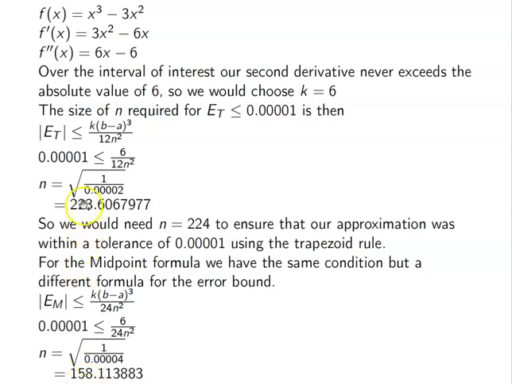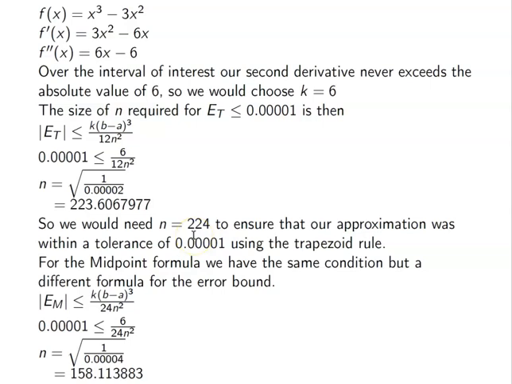It's not less than half, but it is very close. So it's 159 that I would need. This is 224, so it's not half, but it is significantly less, as far as the number of calculations that we need to use.